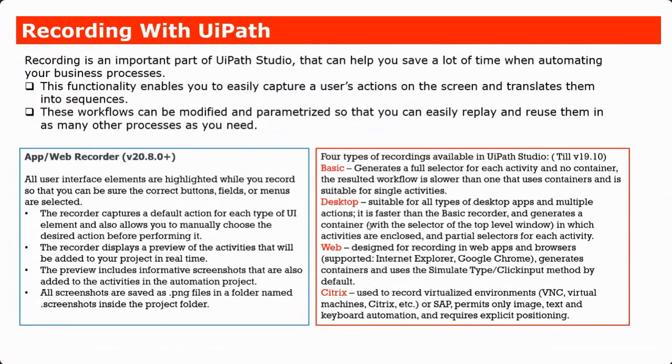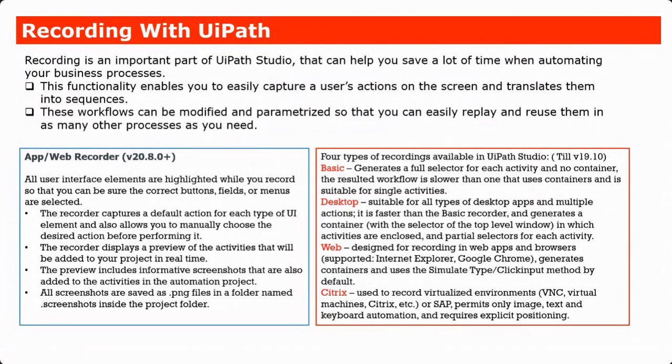And similarly, there is a different type of recorder called Citrix, which is used whenever you are trying to automate something in a virtual environment. So these are the different types of recorder. One thing that you need to note here is in new UiPath, there is a different type of recorder, which is the app and web recorder.